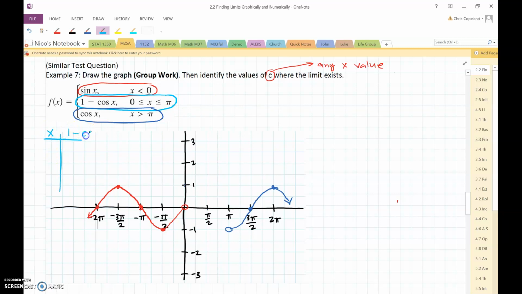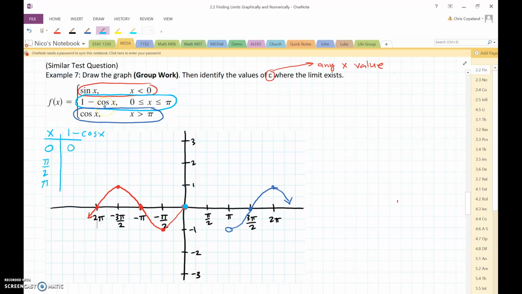One minus cosine x. And let's graph 0, pi over 2, and pi. Okay? So if I plug 0 in for cosine, cosine of 0 is 1, 1 minus 1 is 0. So I have a point at 0, 0.